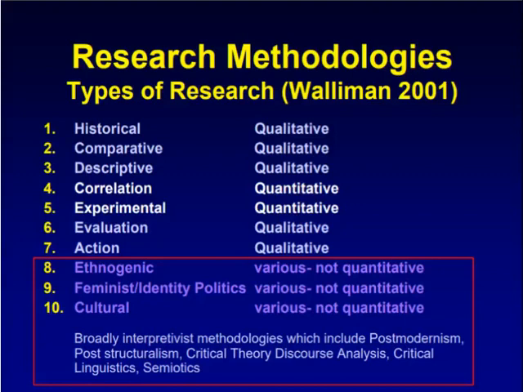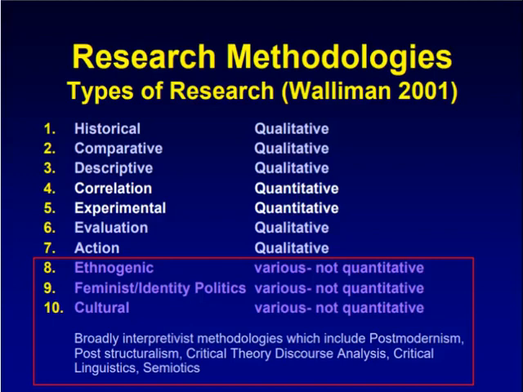There are 10 types of research methodologies such as historical, comparative, descriptive, correlational, experimental, evaluation, action, ethnogenic, feminist or identity politics, and cultural. The research methodologies such as historical, comparative, descriptive, evaluation and action are qualitative, whereas correlation and experimental are quantitative.